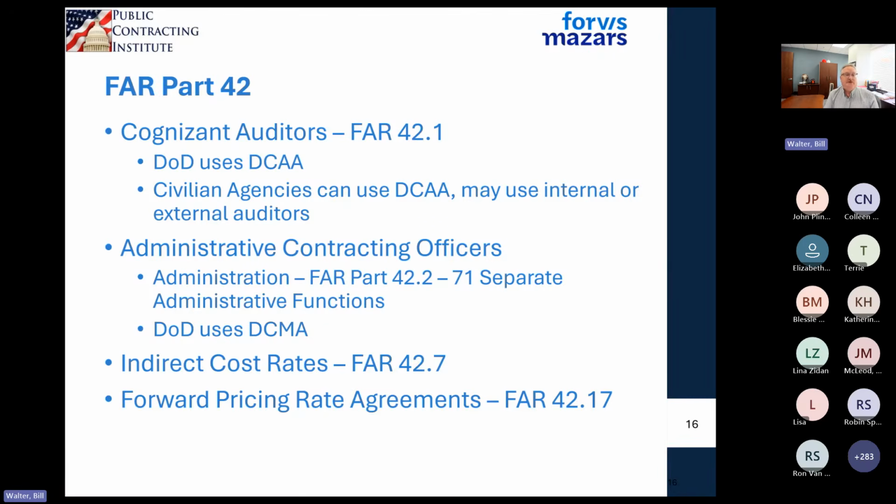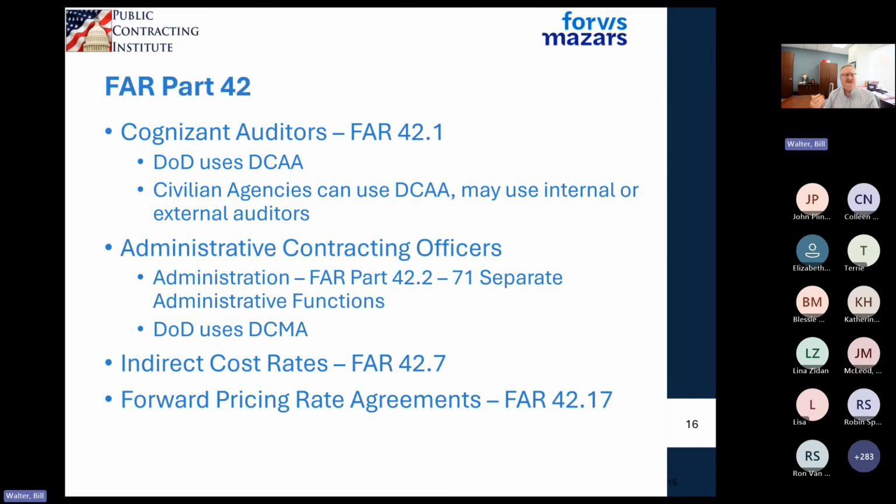So FAR Part 42, the Federal Acquisition Regulation, for those of you who are familiar with it, deals with contract administration. FAR 42.1 talks about cognizant auditors, and it says, hey, it's DCAA. Okay, now DOD, the Department of Defense, Department of War will use DCAA. Civilian agencies can use DCAA.